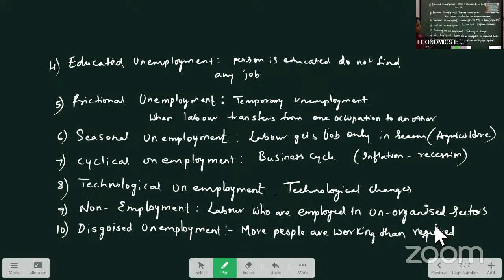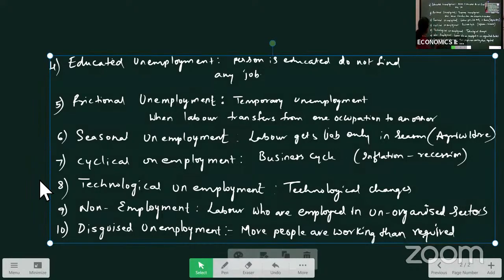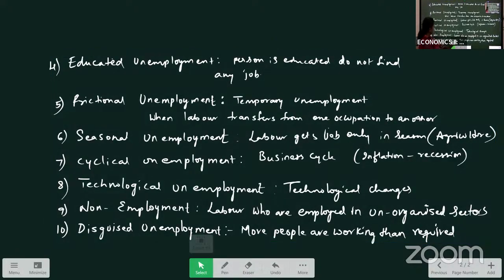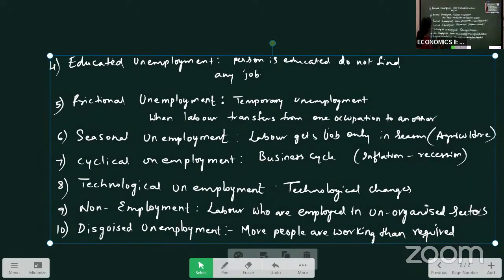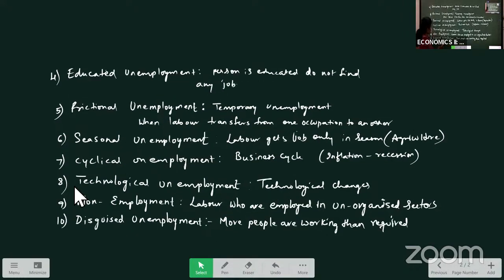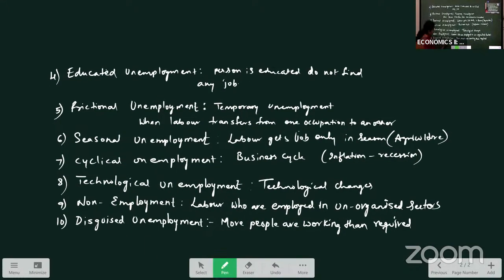So his marginal productivity will be 0. Just remember that point here. In this case, marginal productivity of labor is 0.